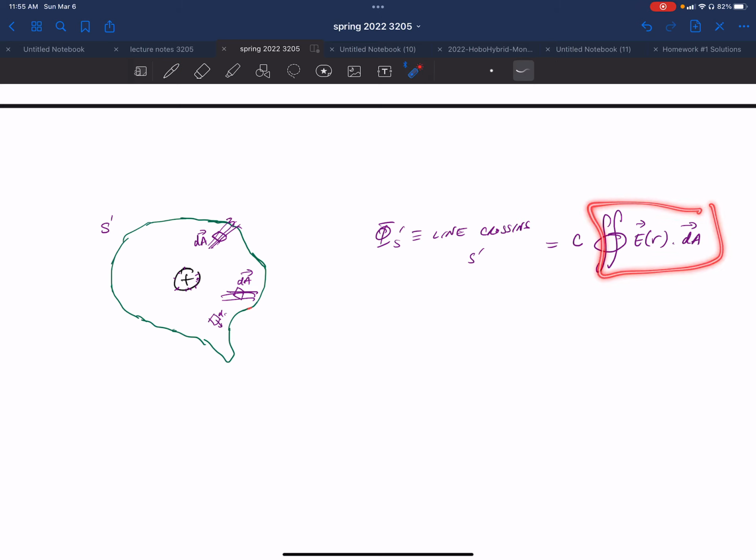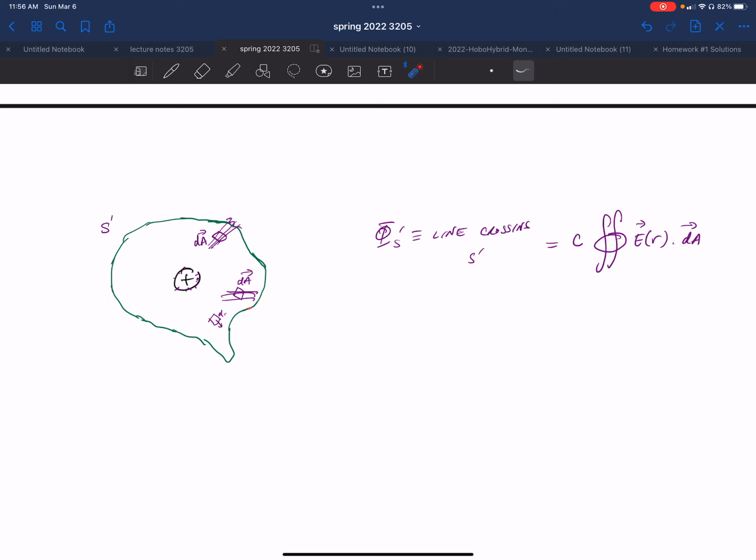Because if we went through each of these areas all over the surface of S prime and figured out the amplitude of the electric field and what part of it relates to the direction of the area, and integrated over that whole closed surface times the constant, which is there because the lines are proportional to the electric field, this still holds. It's just a very difficult thing to calculate for a funky shape.